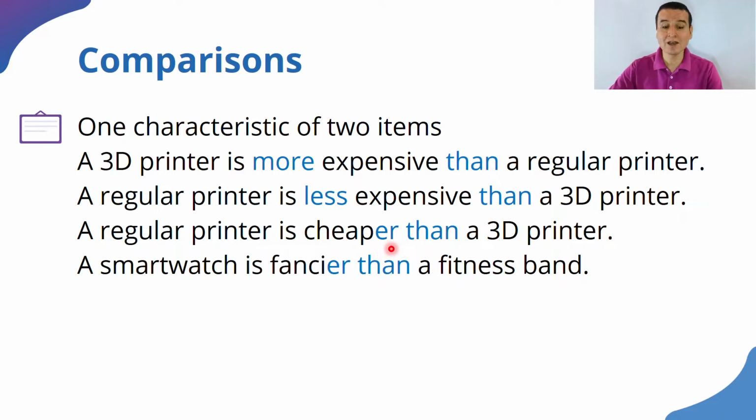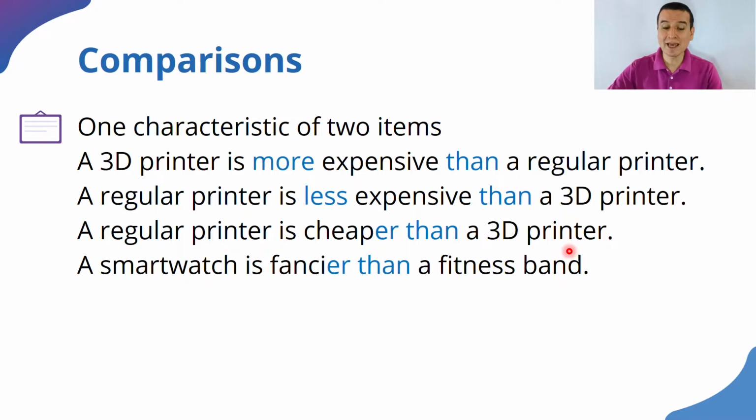And for that reason, when we are comparing the two items and we're saying how cheap one is compared to the other, we could say that a regular printer is cheaper than a 3D printer, all right?